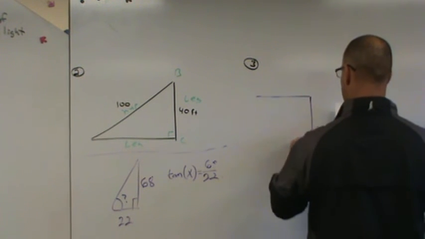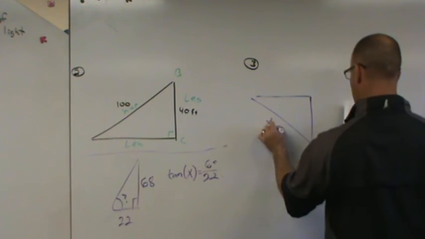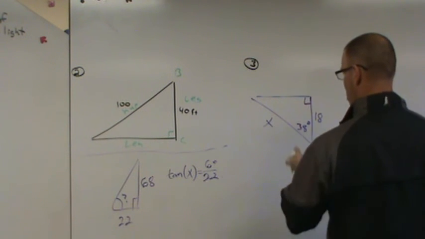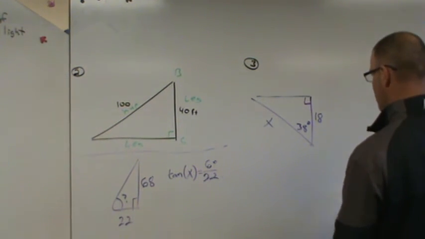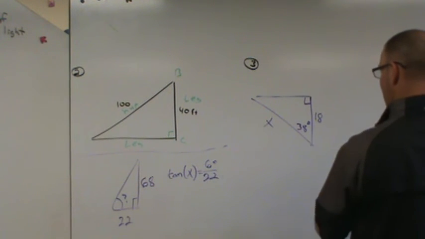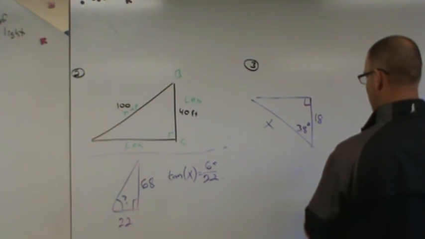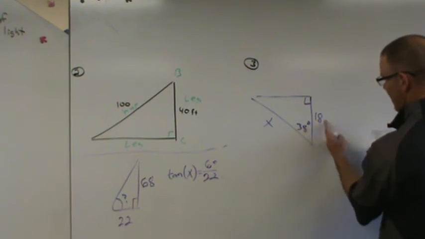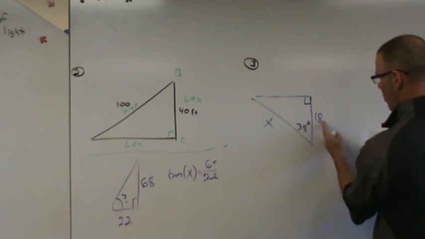You are given this triangle, and x gives me a degree, gives me 18. Which ratio do I use, sine, cosine, or tangent? What do I know and what do I want to find? I know an angle and I know a leg. I want to find the hypotenuse. From this angle, 38, is 18 a leg adjacent or a leg opposite?